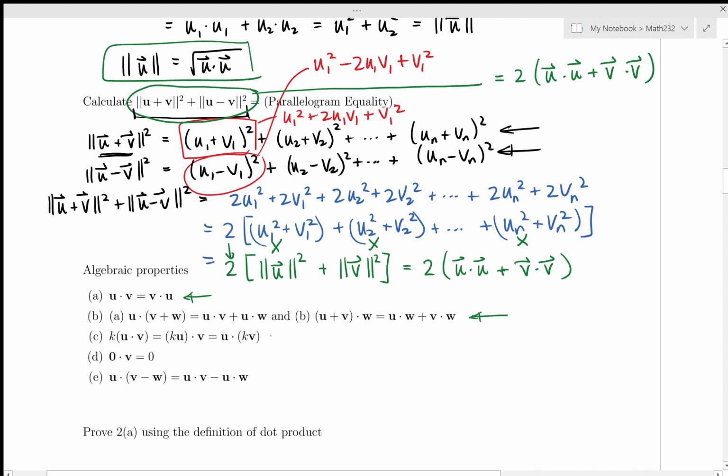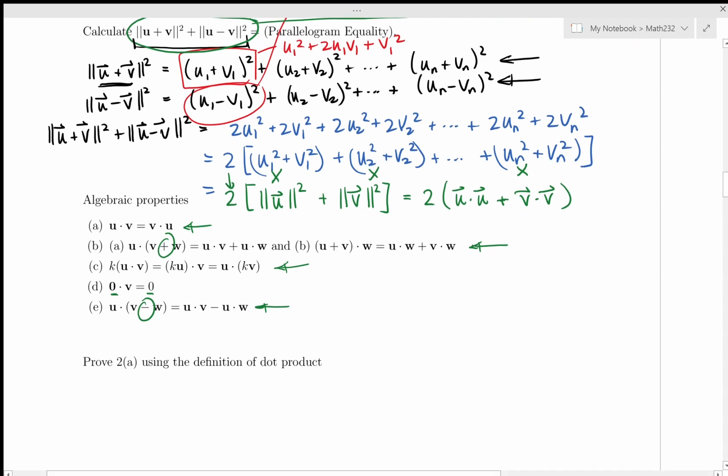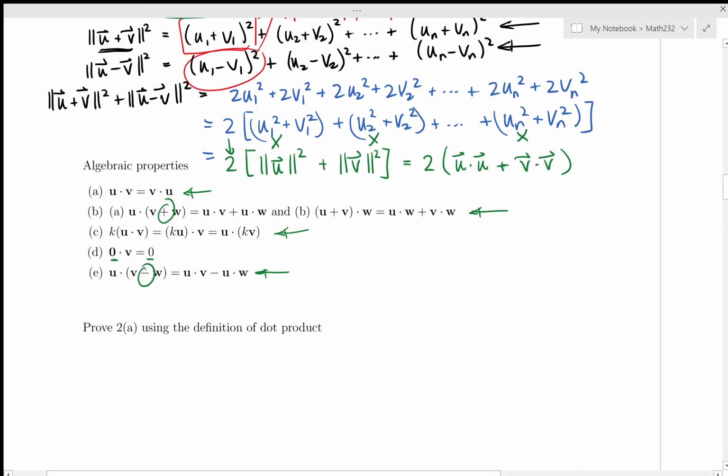We have here scalar associativity, and if we do the dot product with 0, we get 0, and then here we have another, the dot product distributes. Somehow I seem to have left and right distribution. Oh, I see. It distributes over this, and it also distributes over that. Okay. All right, so let's just make a basic proof of the 2a.